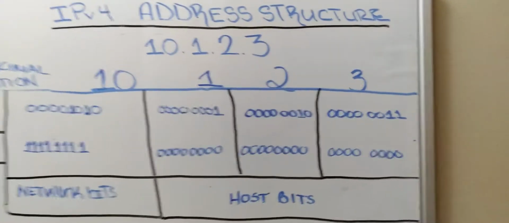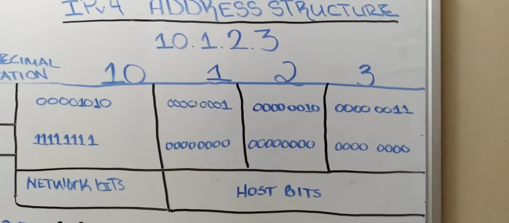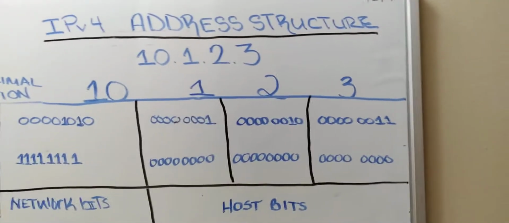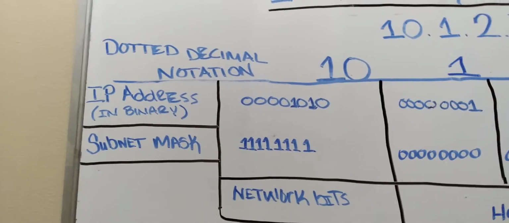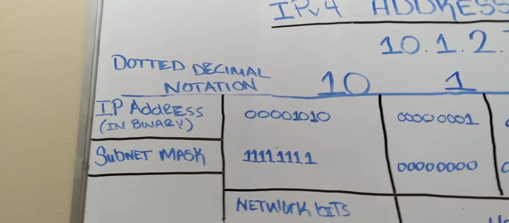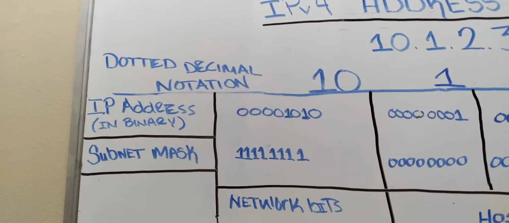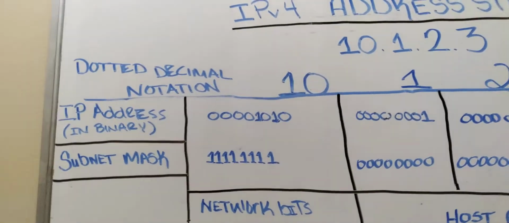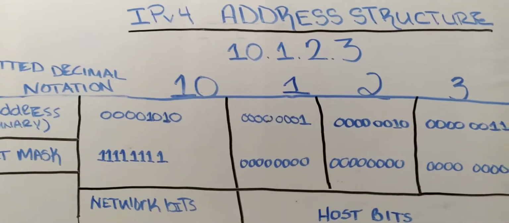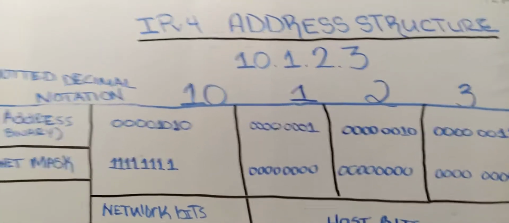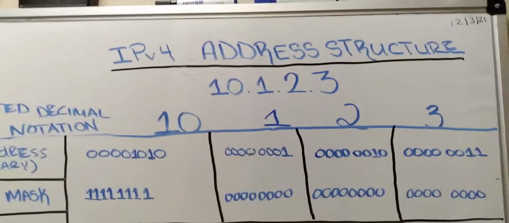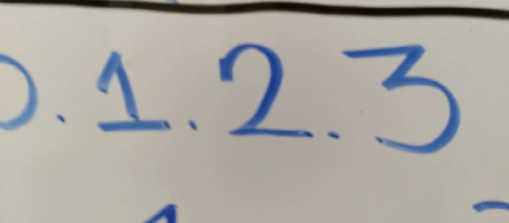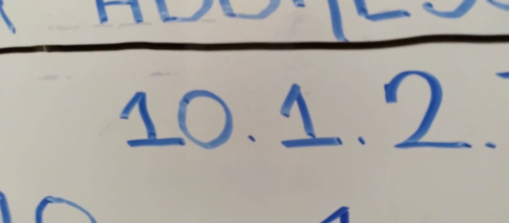This is a 32-bit address, and this is how we write it, as a dotted decimal notation number, which means we have a number, then a dot, and so on. 4 numbers, and each one is separated by a dot. It's 10.1.2.3.